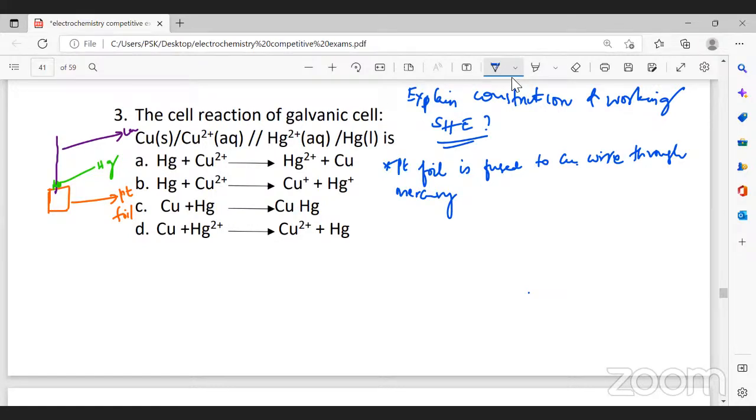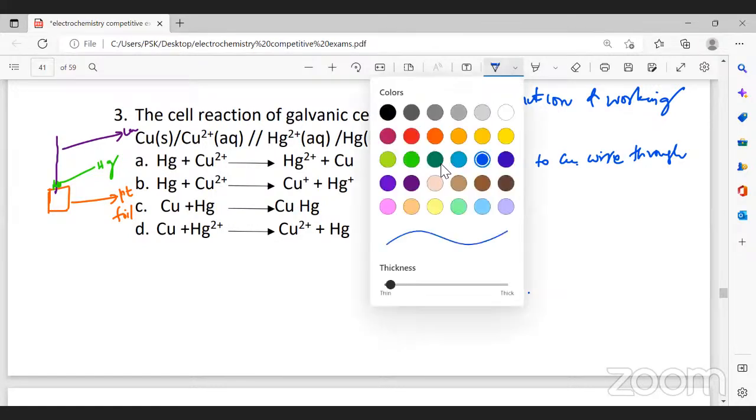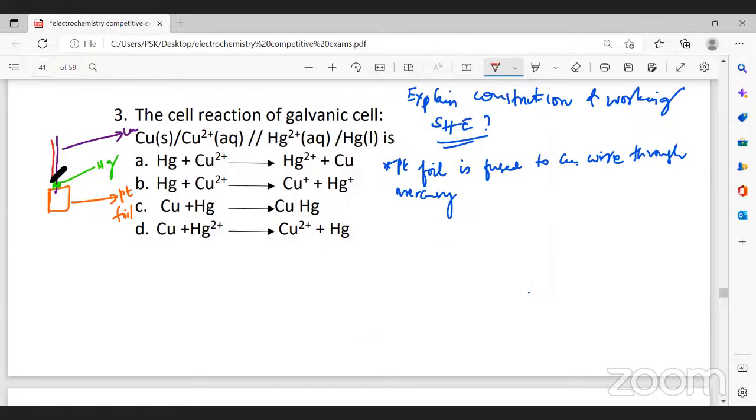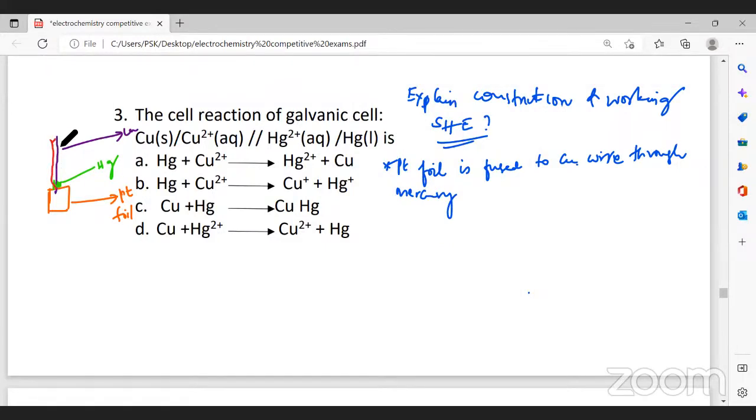The second point is this copper wire is covered using a very thin glass tube. This red line, what we've drawn, is called a very thin glass tube.